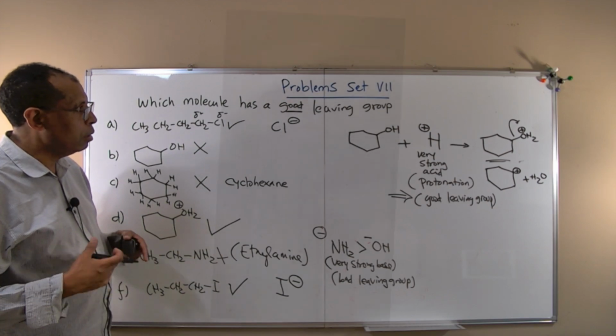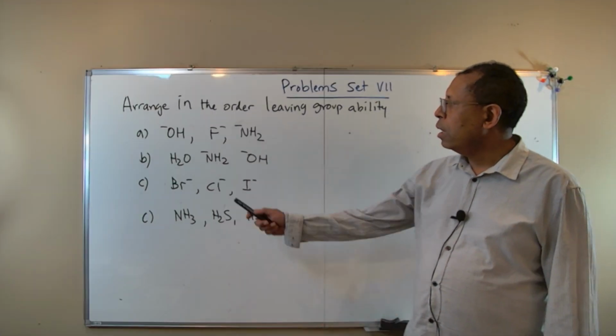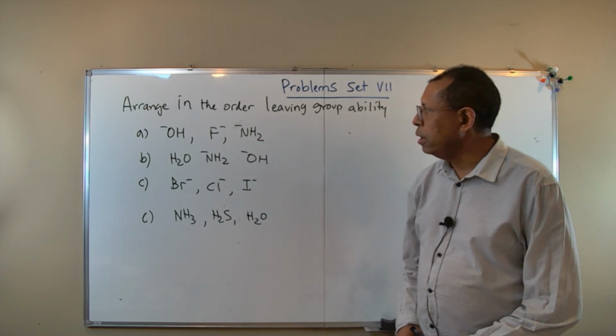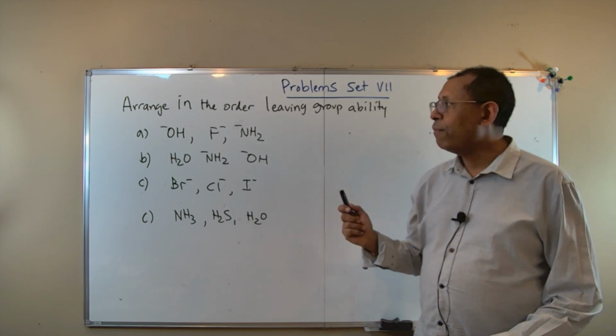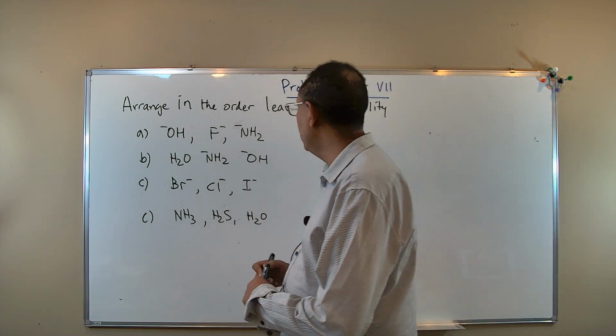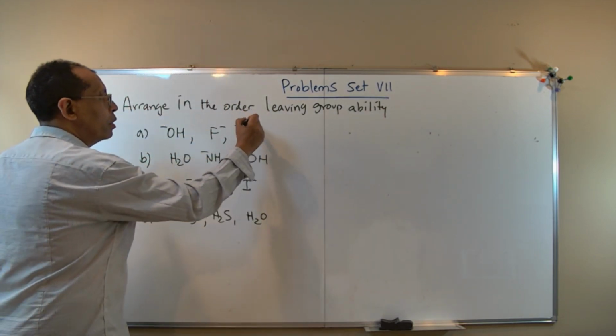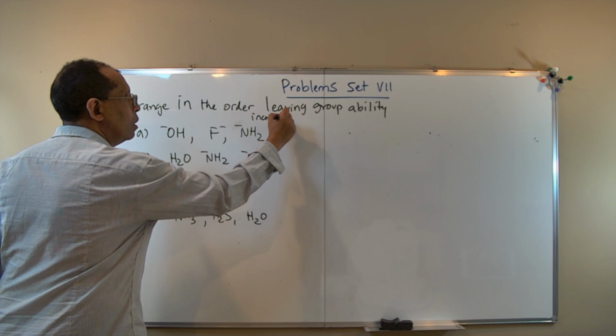So I'll continue with our questions. The next question is asking to arrange in order of increasing leaving group ability. I think I missed the word increasing here.